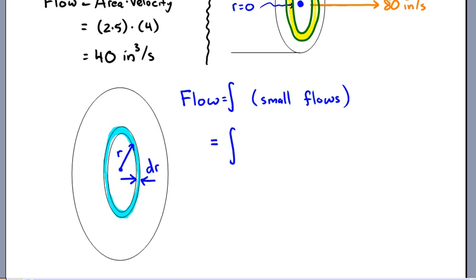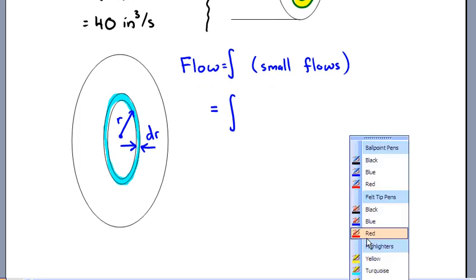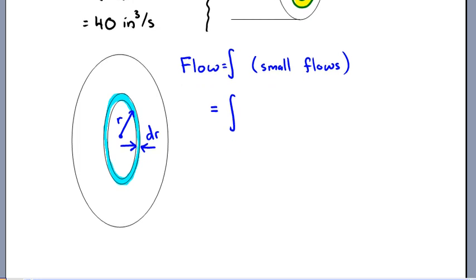Well, for a moment, let's think about exactly how much area there is in that little ring. It's kind of like a sidewalk, just a little circular sidewalk. And so the area is actually just going to be the distance around multiplied by the thickness of the sidewalk. So it's a circumference of 2 pi r.